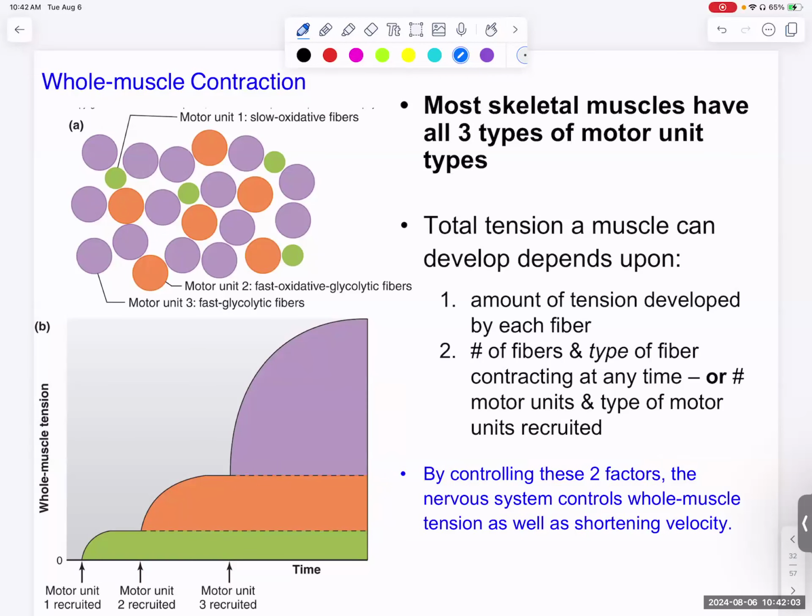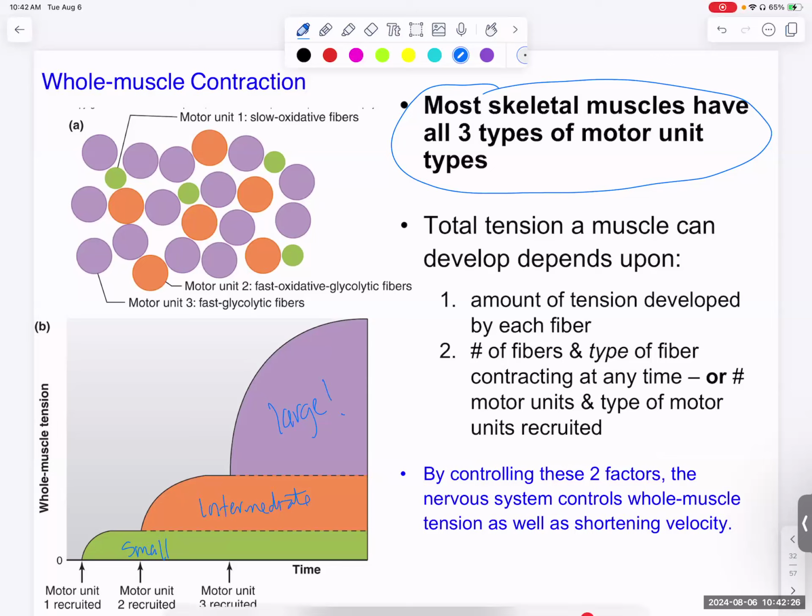So here's the size principle. Almost all skeletal muscles have all three types of motor units. They're going to have the small, they're going to have the intermediate, and then there's going to be the large. The amount of tension developed by each fiber is really determined by size, right?